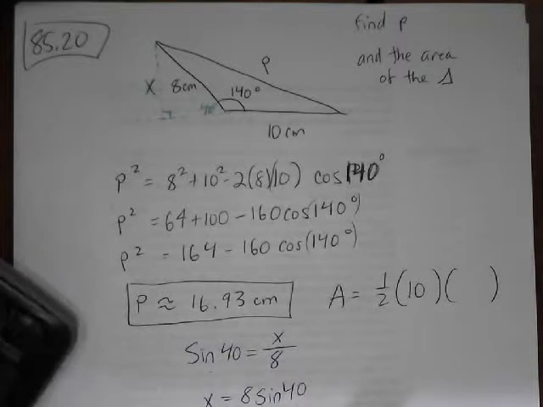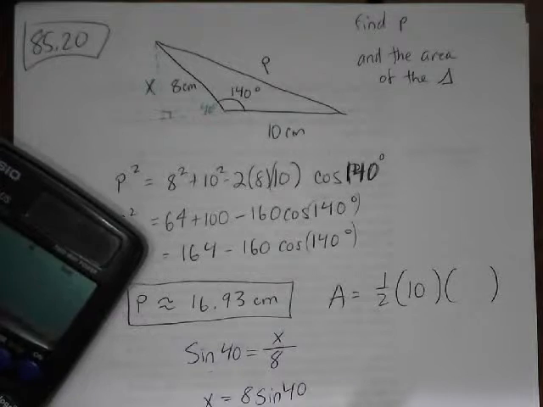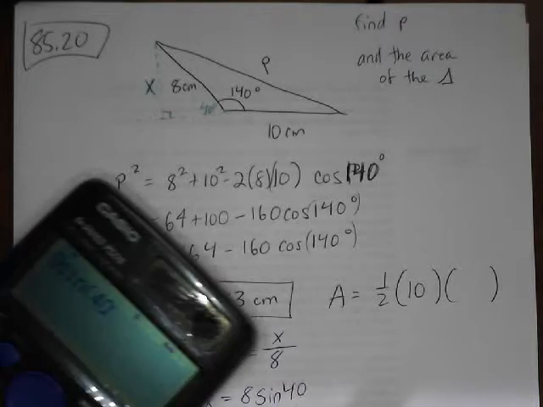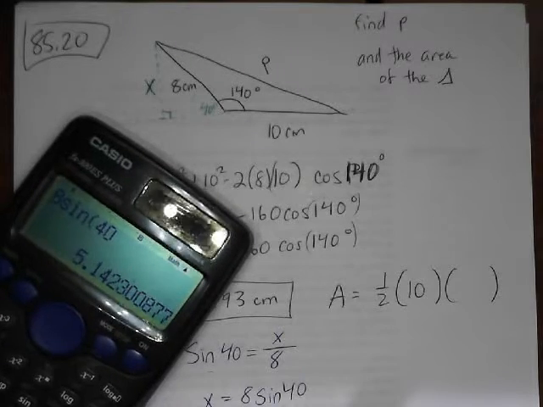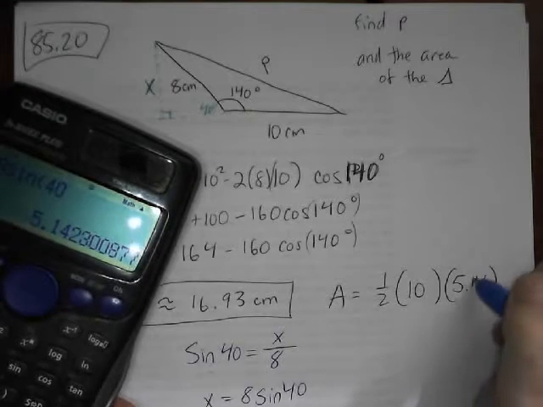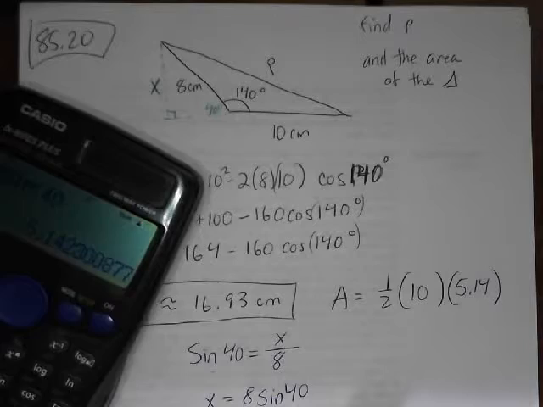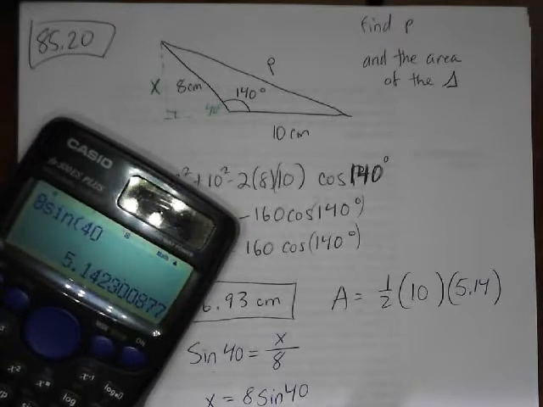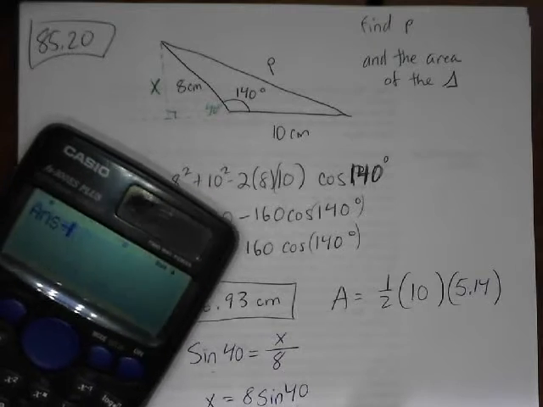My calculator can tell me what that is. 8 sine 40. Looks like we'll just call it 5.14. But if I multiplied that by 10, that would be 51.4, and I'll just multiply it in my calculator and then divide by 2.